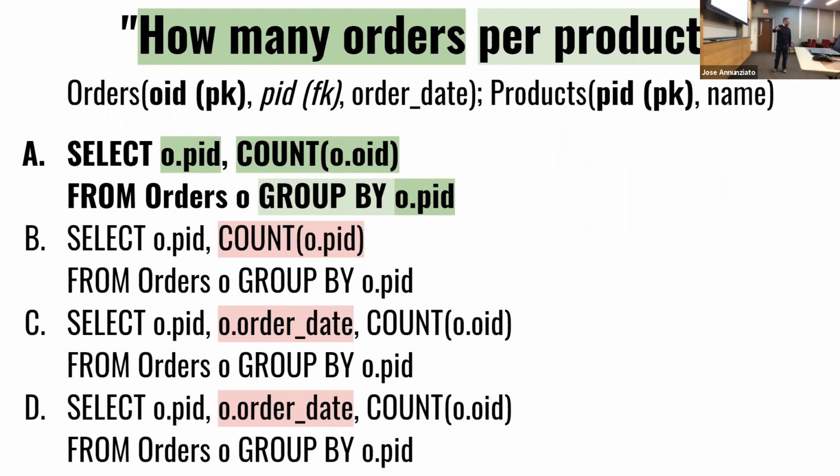I want to count orders, I don't want to count products, right? Because an order could have multiple products, so I could end up counting many more things than I want. I want to count orders, not products. So that's the wrong count. I want to count order ID, and I can only put in the select statement things that I group by. Okay.